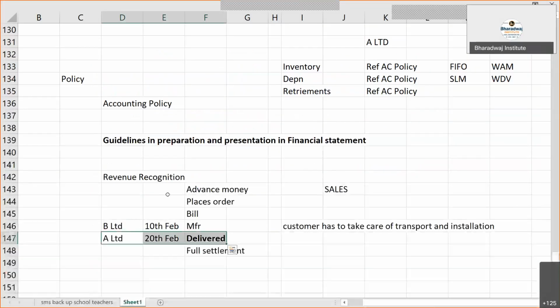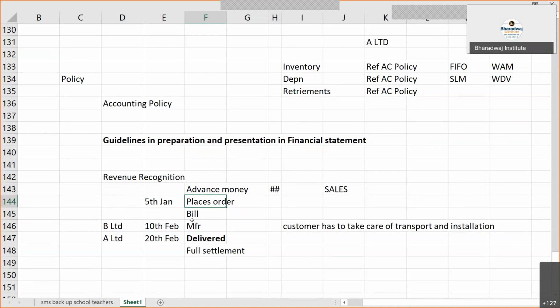For example, can you record the income when a customer places the order? Let's assume advance money paid is only 10%. Customer is placing the order on, let us assume, 5th January. Can you develop an accounting policy that income will be recognized when the order is placed?